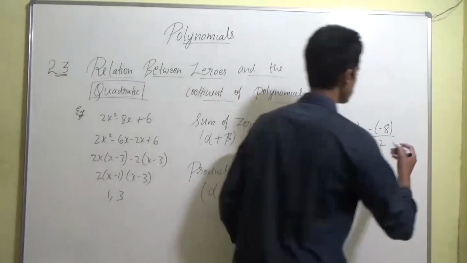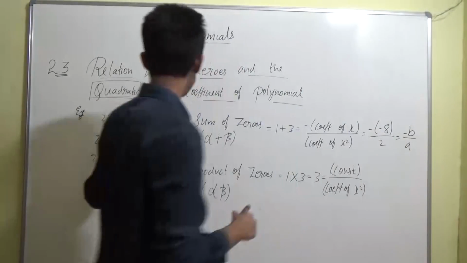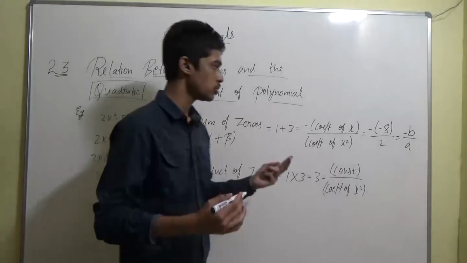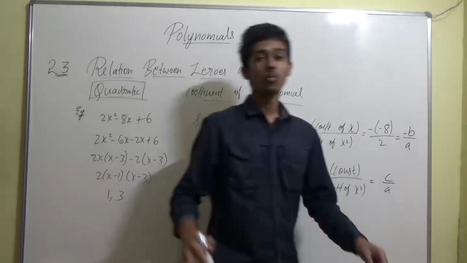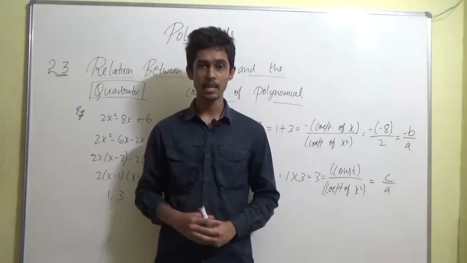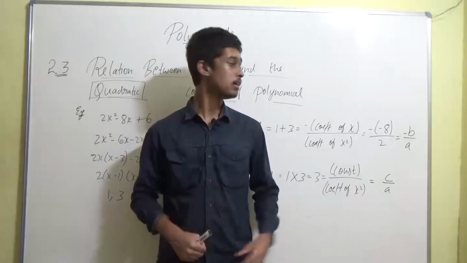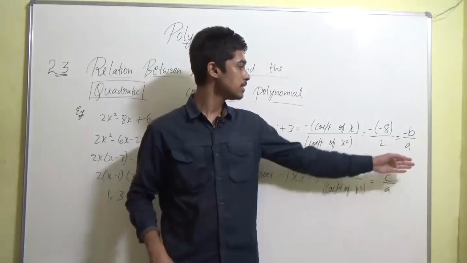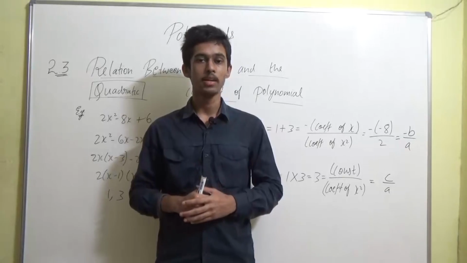This is nothing but also equal to c by a, where c here is 6 and a here is 2. So what you all have to remember is that the sum of zeros, alpha plus beta, is equal to minus b by a, and the product of zeros, alpha into beta, is equal to c by a. These two are star formulas which you have to surely remember.